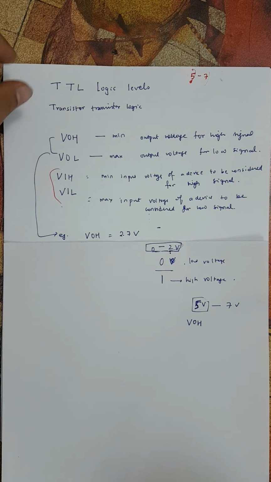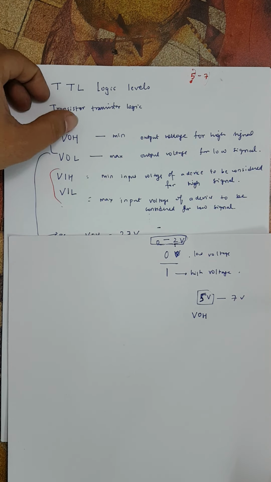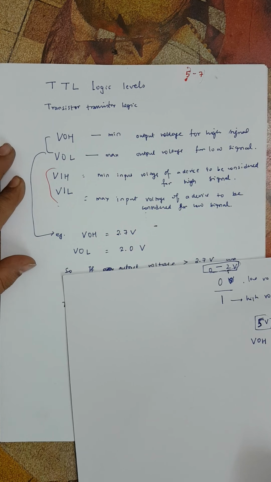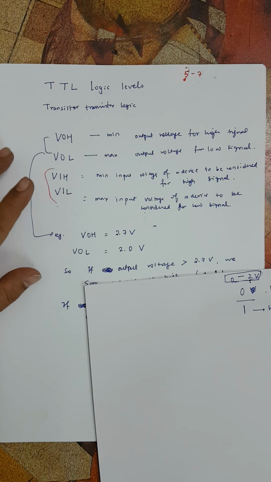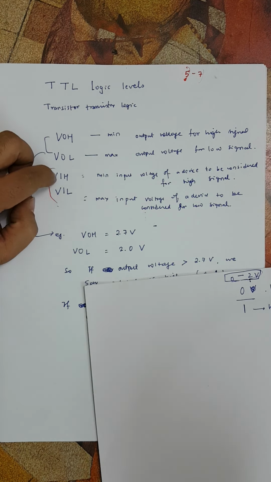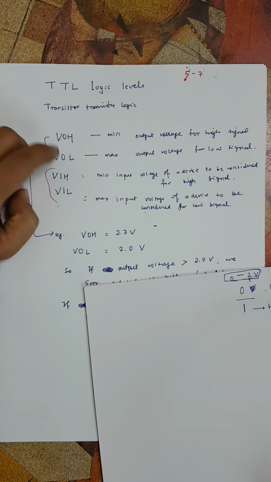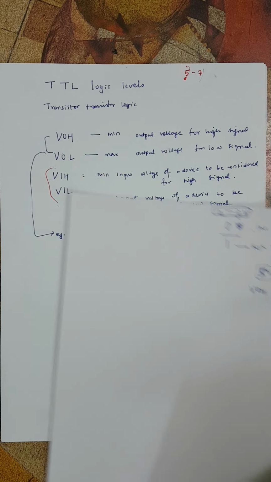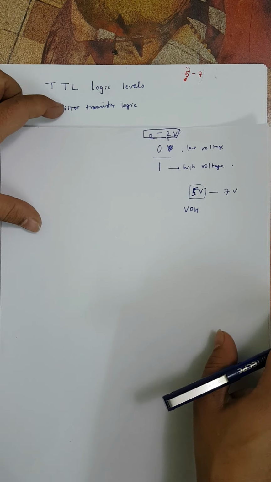So these are the terminologies which are written, VOH and VOL, and similarly on the input side these values are written. Now the input VIH, VIL and output VOH, VOL can be different. For example, the input is generally applied across the base emitter PN junction.